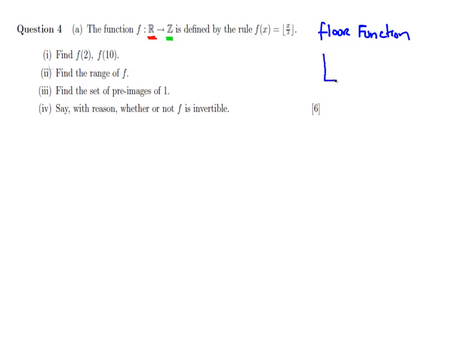So I'll just write it out again to make it a little bit clearer: x divided by 3. The first question is find f of 2 and f of 10.